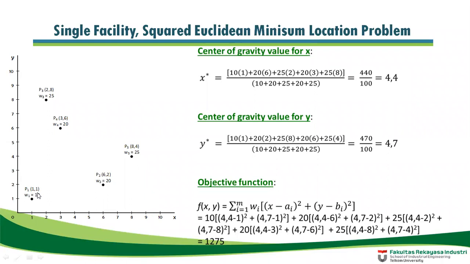For example, P1 has 10 for the weight, and then 4.4 as the new coordinate for the warehouse minus 1, which belongs to the x coordinate of P1. Then put it in a bracket, do the subtraction and power by 2, plus. Now do the y side, for the y coordinates, 4.7 minus 1, which belongs to the y coordinate of P1.